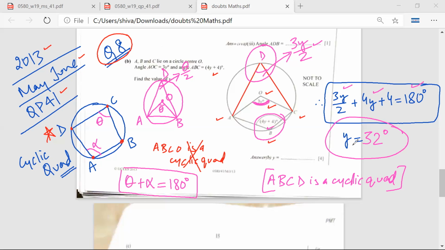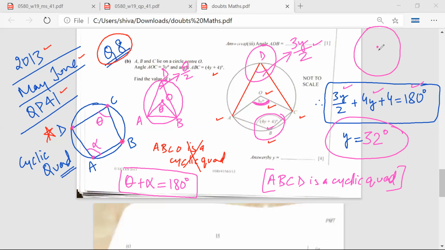So just take care that whenever you are doing questions related to circles, all the vertices of a cyclic quadrilateral should be touching the circle. Never ever assume that.